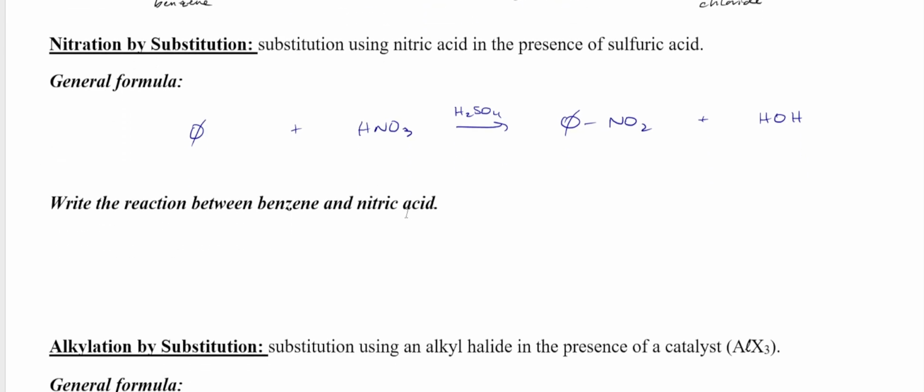Let's show this using actual structures. So benzene is right here. And in this case, I'm just going to do the actual benzene ring right there with the circle inside. HNO3, H2SO4, with NO2 and HOH.